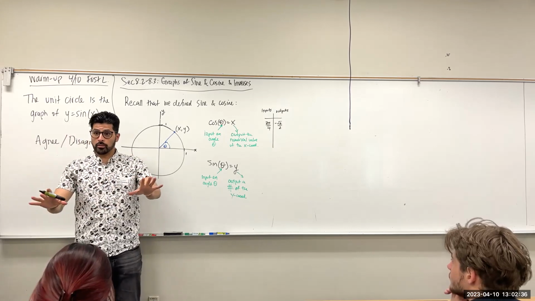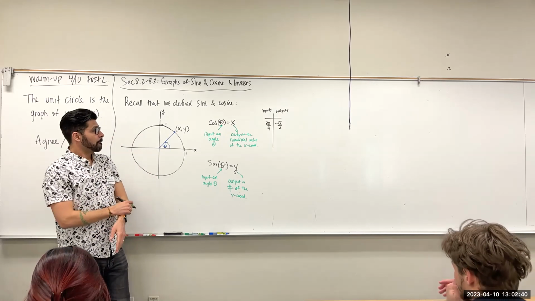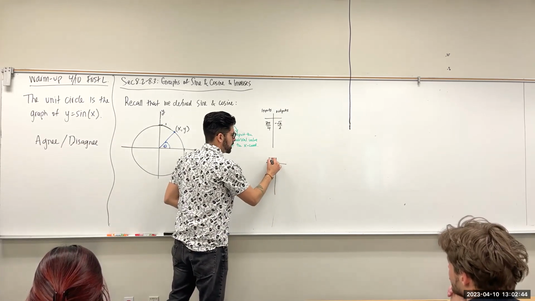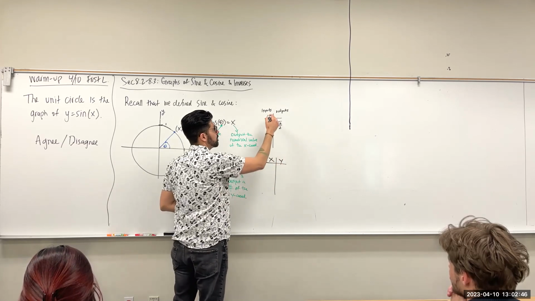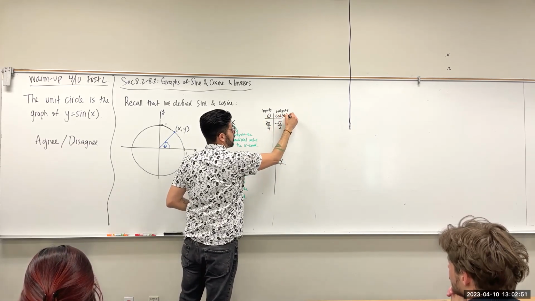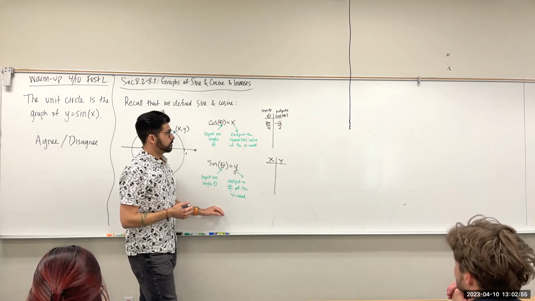I know some of you guys on the warm-up were putting tables, right? But was your table plugging in x and y's, or was your table plugging in theta and then outputting cosine of theta? Okay.